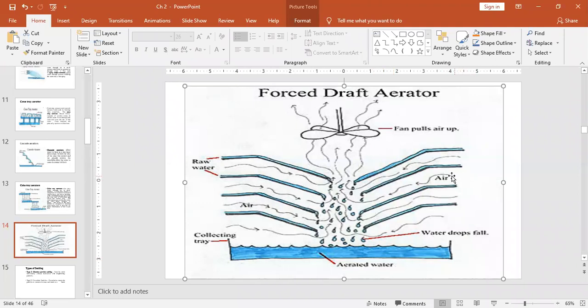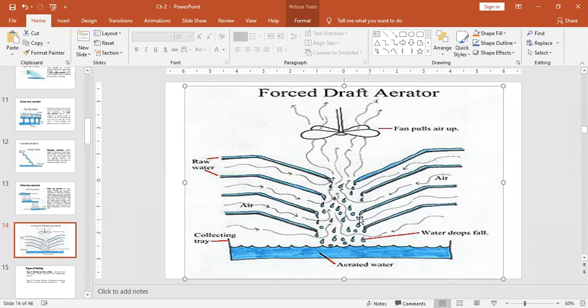Whatever air we have passed in between these two trays, we can pass forcefully. This air will come together here. Now it should escape immediately, because dissolved oxygen is already dissolved in the water in this path.